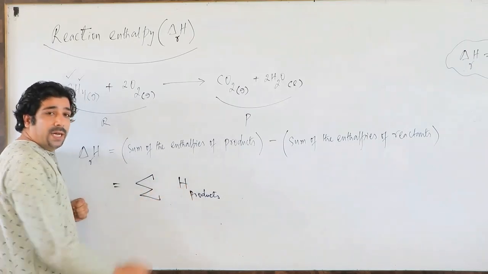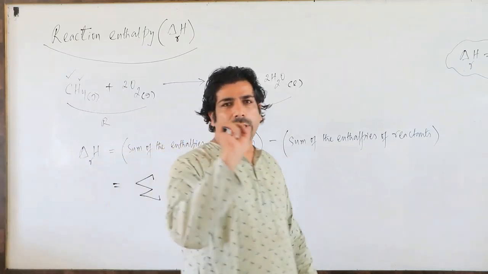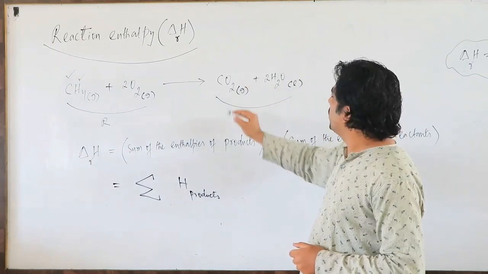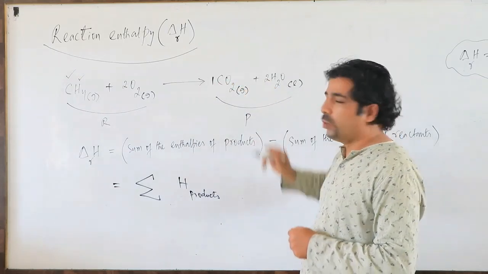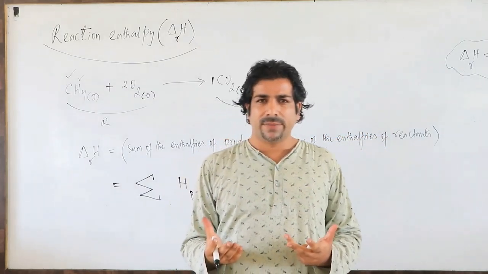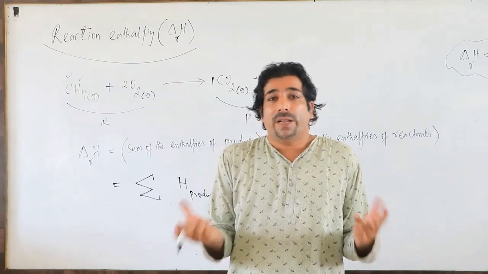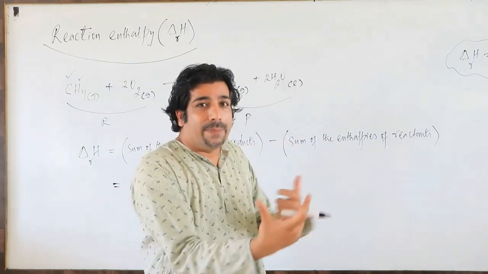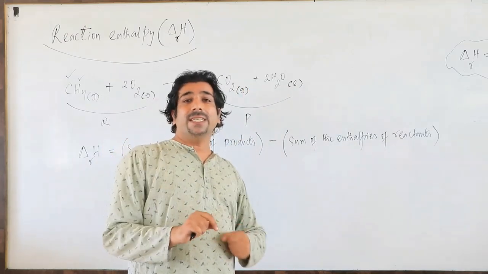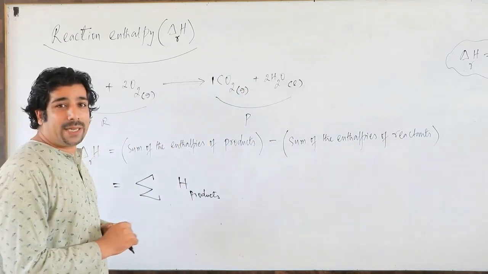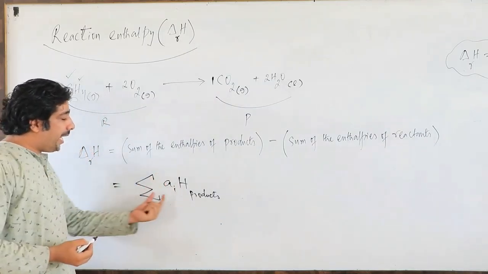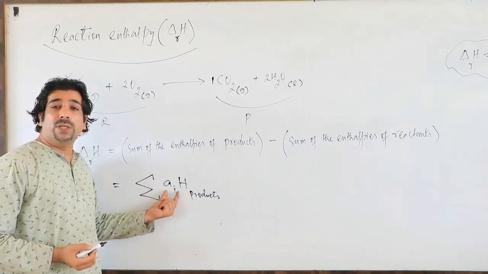Now in products, there is one important thing you should remember, my dear friends. Look at the products here. Here I have 1 mole, here I have 2 moles. If you have just 1 mole of products, then no problem at all. But when you have different moles of products, like here you have 1 mole, 2 moles, for representing the moles I am using a stoichiometric coefficient, let's call it ai. ai will represent the number of moles of products.